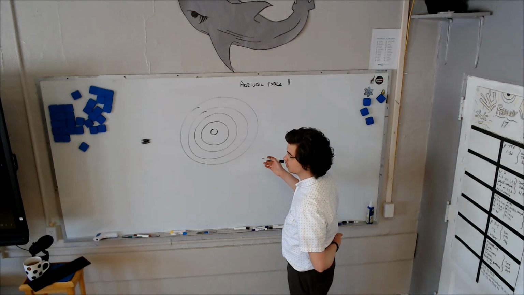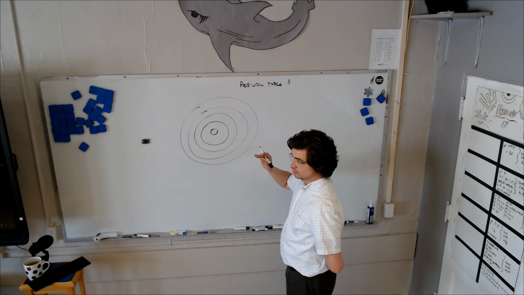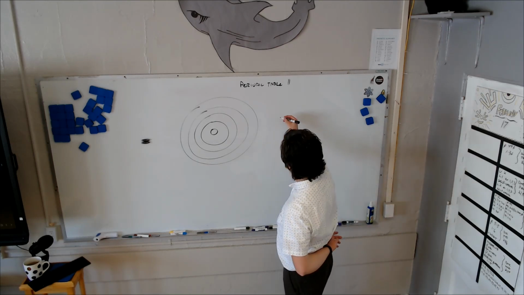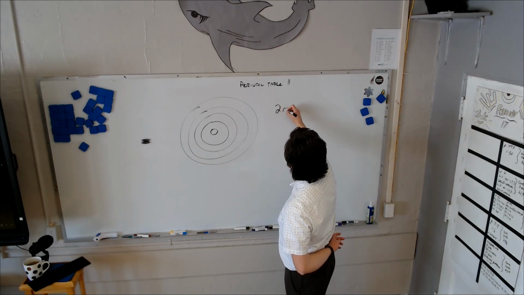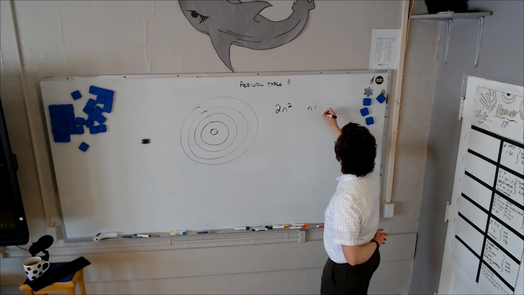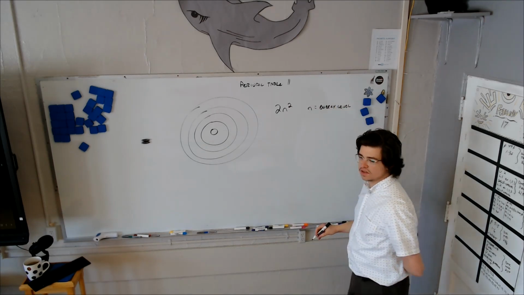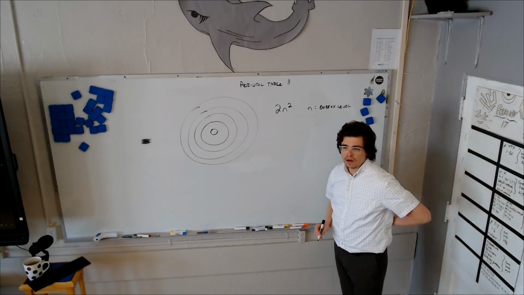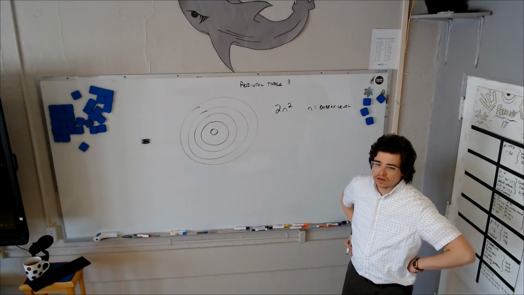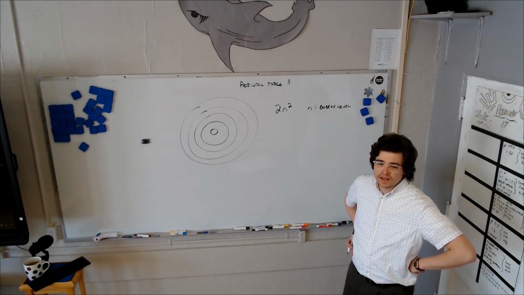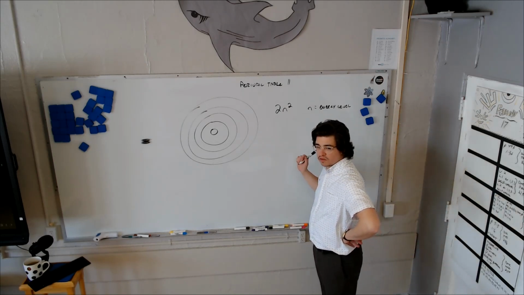There's a mathematical formula to determine how many electrons can fit in each energy level, and it is 2n squared, where n is the number of the energy level. So using this little formula, 2n squared, let's just fill in the blanks: how many electrons will fit in energy level 1? Well, what should I substitute in for n? 1.